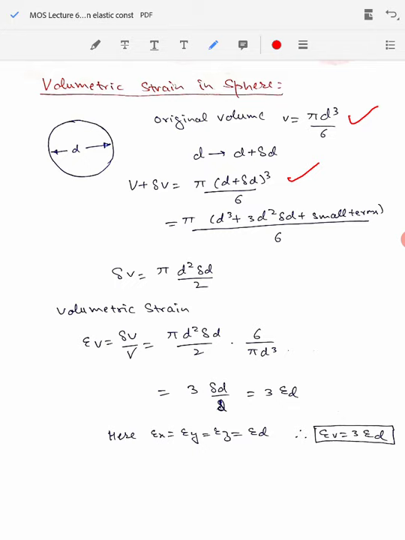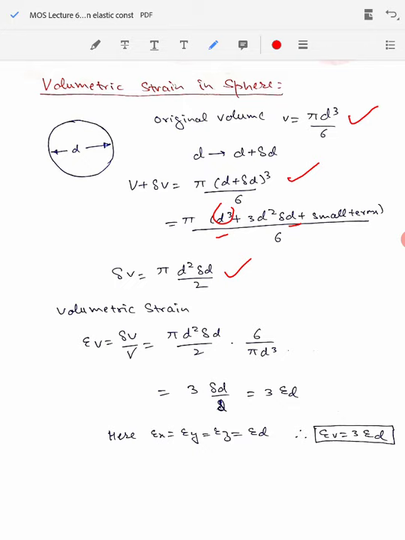So we will get the terms d cube plus 3 d square delta d, and there will be other terms which will be delta d square or delta d cube, so we are going to neglect those small terms. Now if we subtract the original volume pi d cube by 6, the first expression will get cancelled out, and we are left with this expression of delta V.